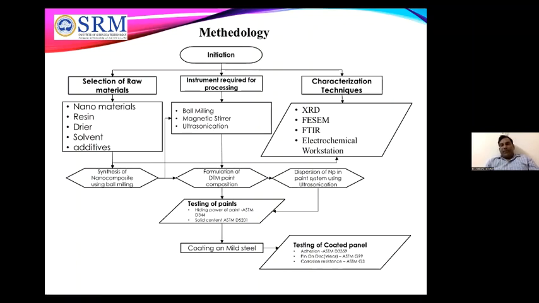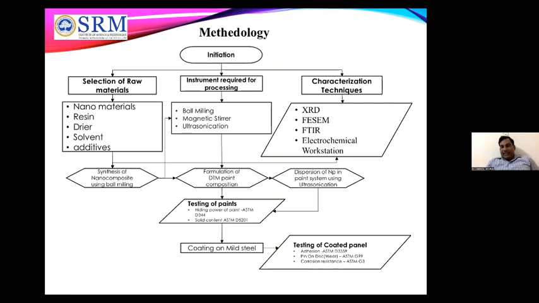Then, followed by the characterization techniques, we do it for powder: XRD, FESEM, FTIR, and also electrochemical analysis for the corrosion test. We also performed the tribological test as per ASTM G99, using a pin on disc tribometer, and the corrosion test as per ASTM G3.